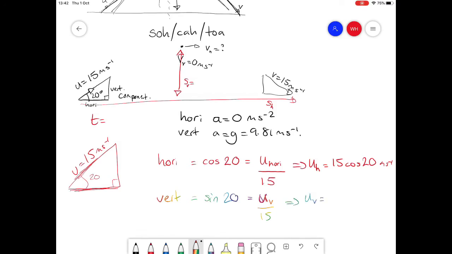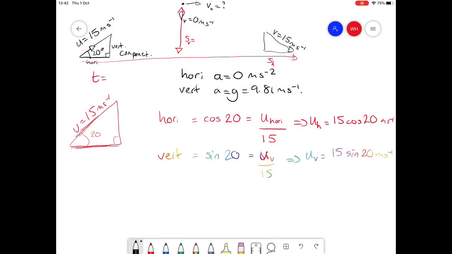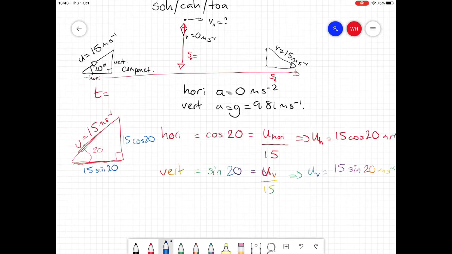So uv equals 15 sine 20 meters per second. I don't actually like that pen very much. So we know our two values here. We know that this is 15 cosine 20 and that this is 15 sine 20.